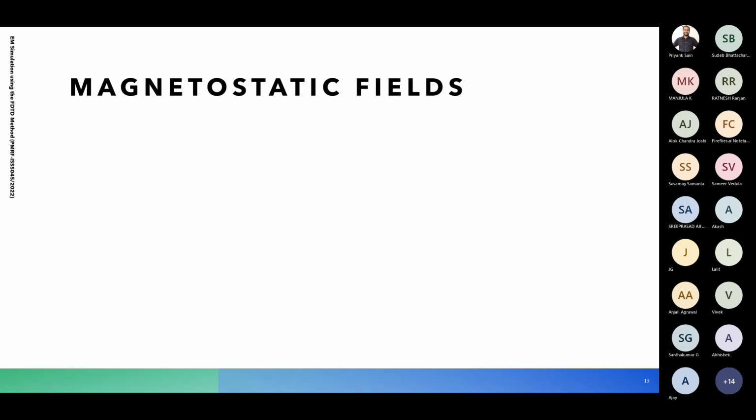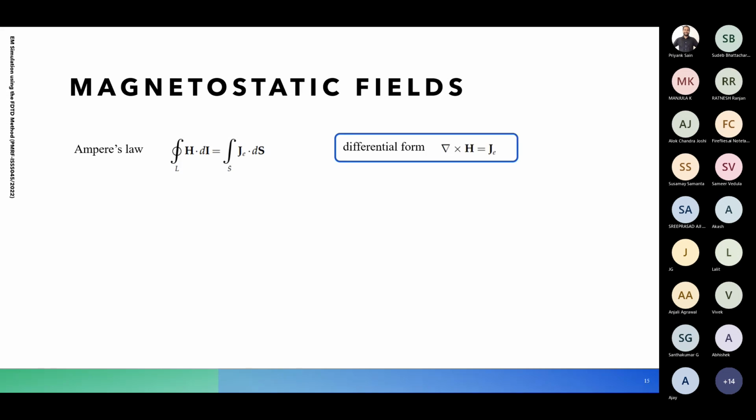Now, for magnetostatic fields, similarly, we have Ampere's law, and its differential form is given by the curl of magnetic field intensity equals J, where J is the current density.